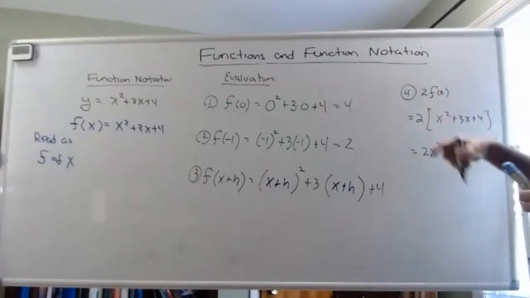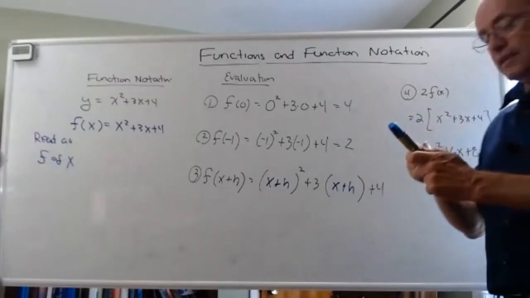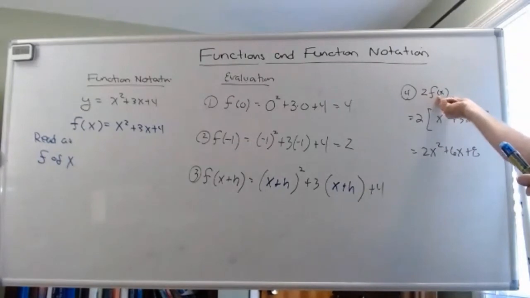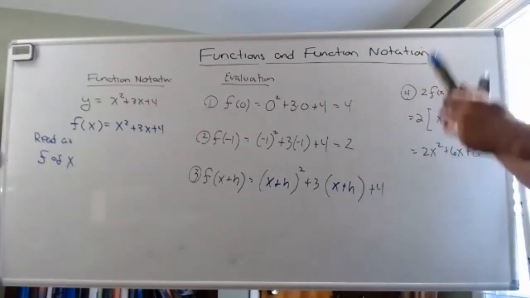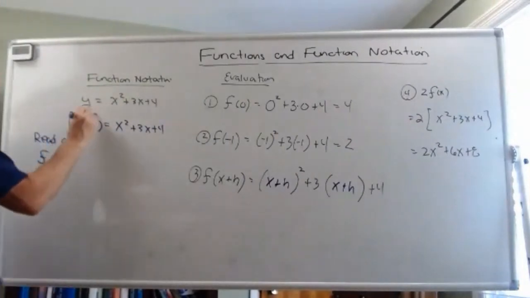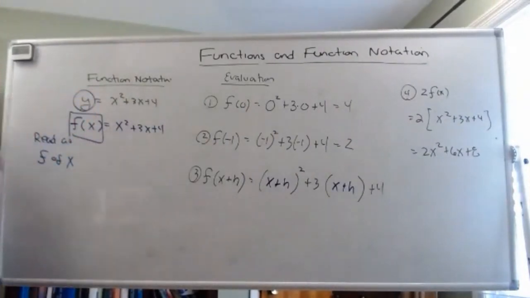So this new notation, we can use it to do some interesting things. We just have to get used to it. Those parentheses don't mean f times f, it's just the name. This entire thing is just another way of writing y. Instead of writing y, I write that.